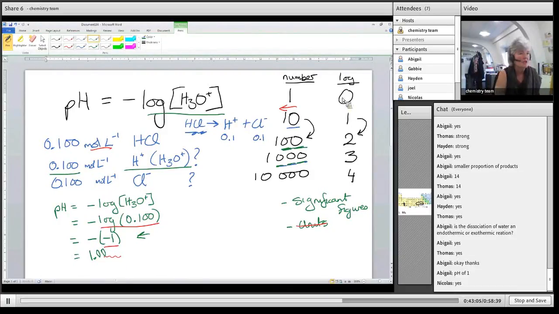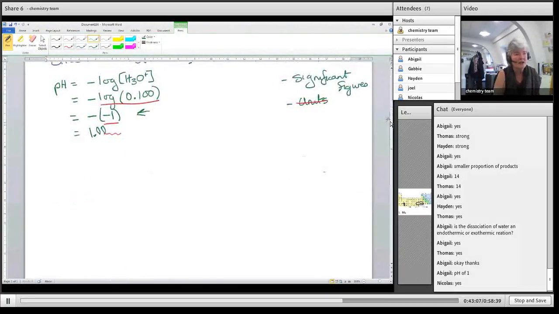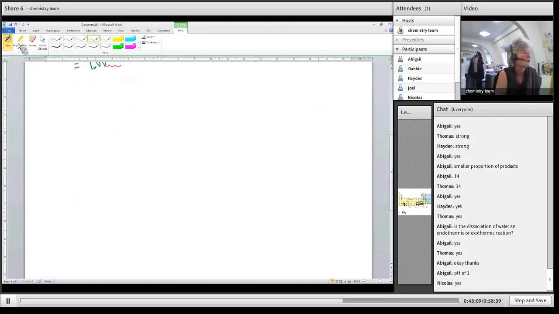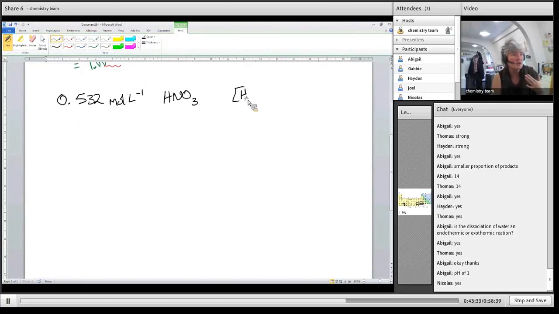Okay, so if I now do a pH, say I had 0.532 mole per liter of nitric acid. As I say, you'll only be given strong acids or strong bases. So the first thing you do is work out what my concentration of hydronium ions is going to be.